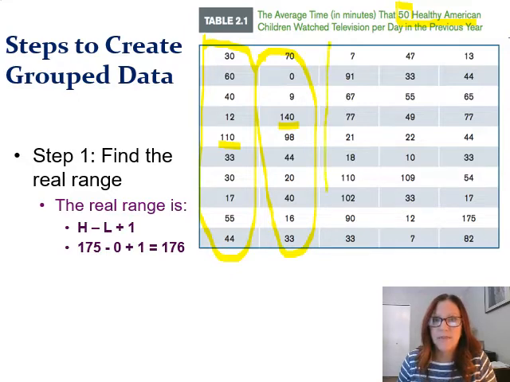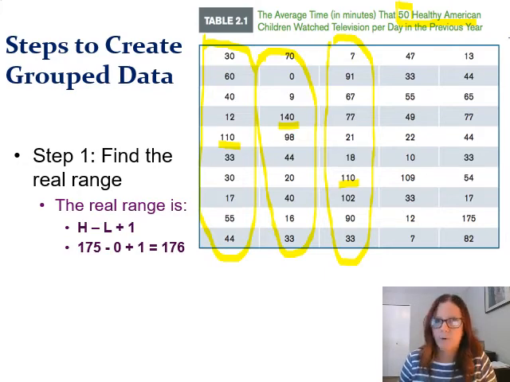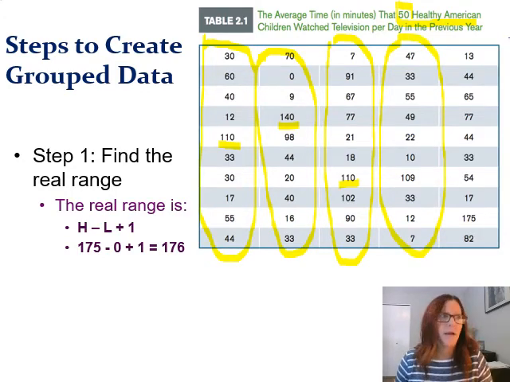Then when I look in this column, my highest number is 110. Well, that's not higher than 140, so I'm still looking at 140 as my highest so far. Then I look in this column. I know this sounds difficult, like why are you going through all these steps?